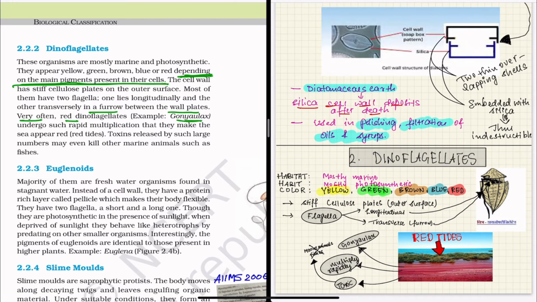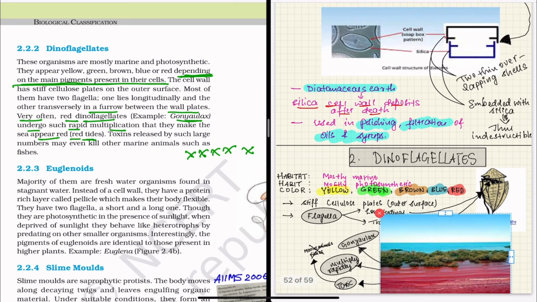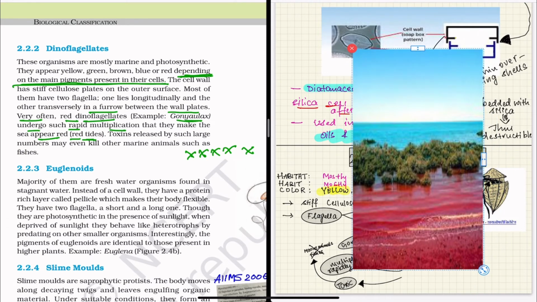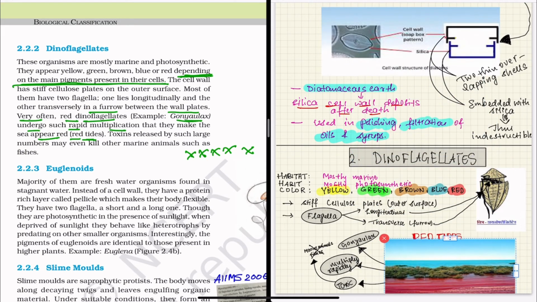Gonyaulax undergoes such rapid multiplication that it makes the sea appear red and causes red tides. This is the red tide, and it is quite harmful for marine life.